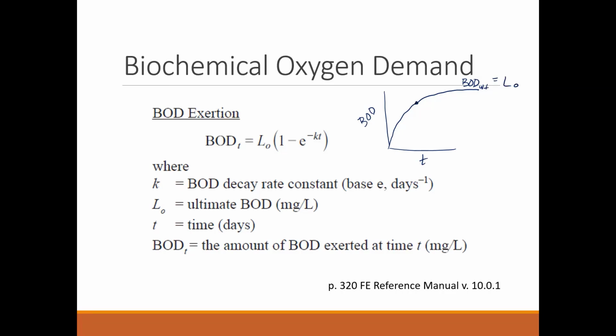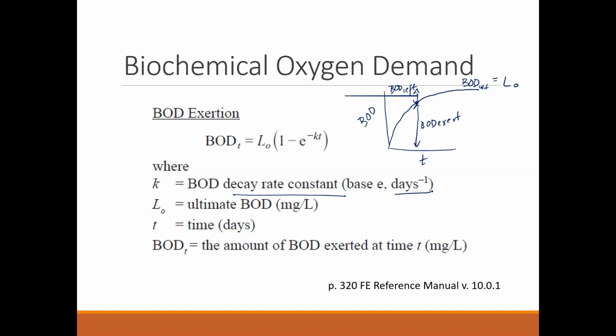At some point in time, there's a certain amount of BOD that is exerted, and there's a certain amount that is left that can be exerted if we leave it long enough. So BOD at any time is equal to the ultimate BOD times 1 minus e to the minus kt, where k is your BOD decay constant, typically in inverse days. L naught is that ultimate BOD, and time is in days.